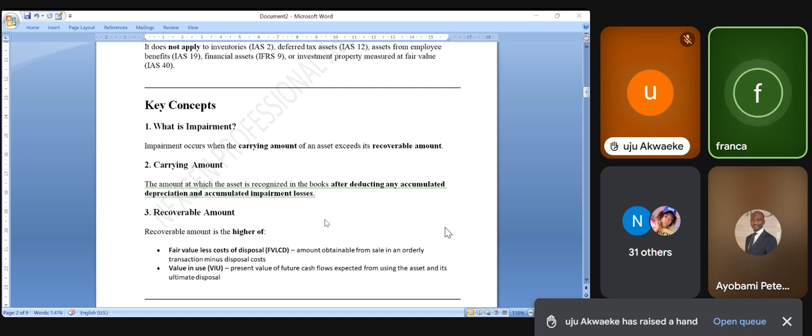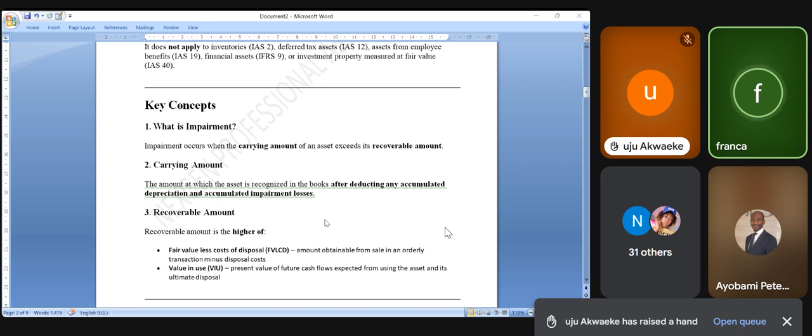So recoverable amount is the higher of fair value or value in use. And in that video, you taught us the stages in accounting for impairment losses, the three stages we pass through to determine whether there is an impairment loss, testing for it.